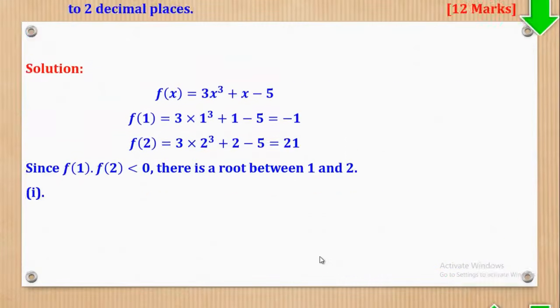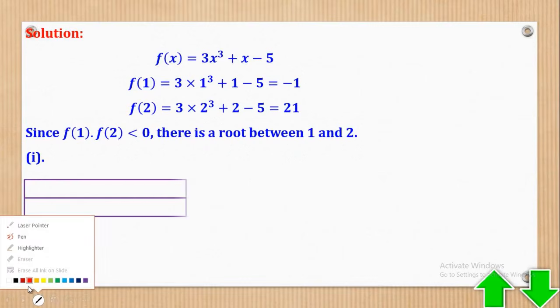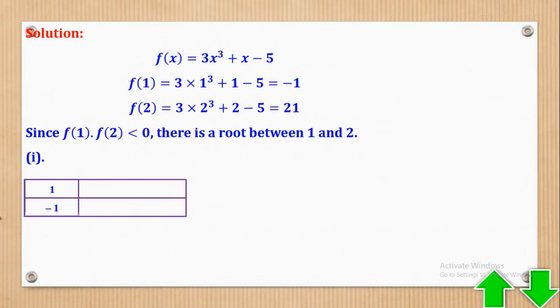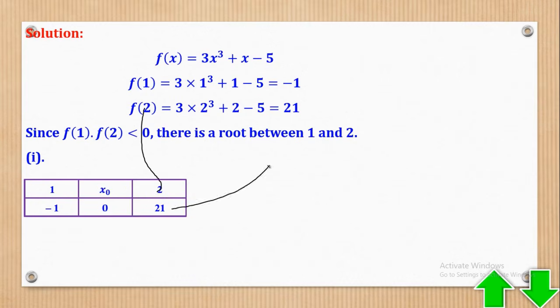So that knowledge shall come here and we do the tabulation. Tabulate values of x and f(x). So these are the values of x and these are the values of f(x). Now remember, when x is 1, f(x) is -1. Then when x is 2, f(x) is 21. Then when x is x naught, f(x) is 0.